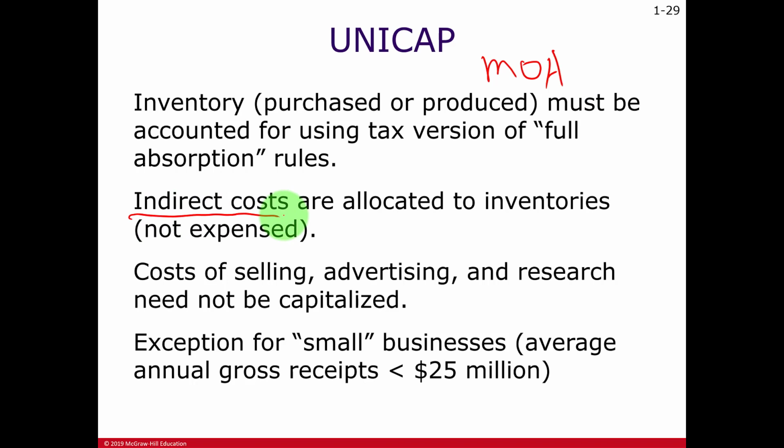For tax purposes, it's a little more strict, where things like warehousing costs, even the administration costs for your business, part of it has to be allocated to your inventory and only deducted when you sell the merchandise. And here you can see the so-called small business exception, where if your sales are averaging less than 25 million, this rule doesn't apply to you.